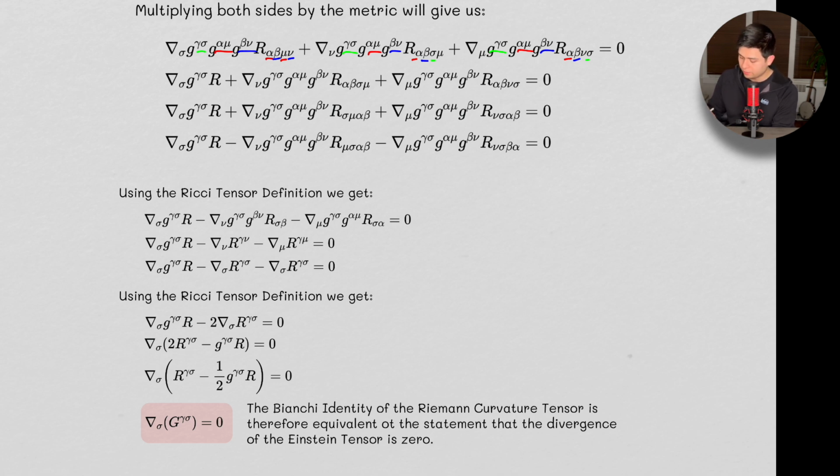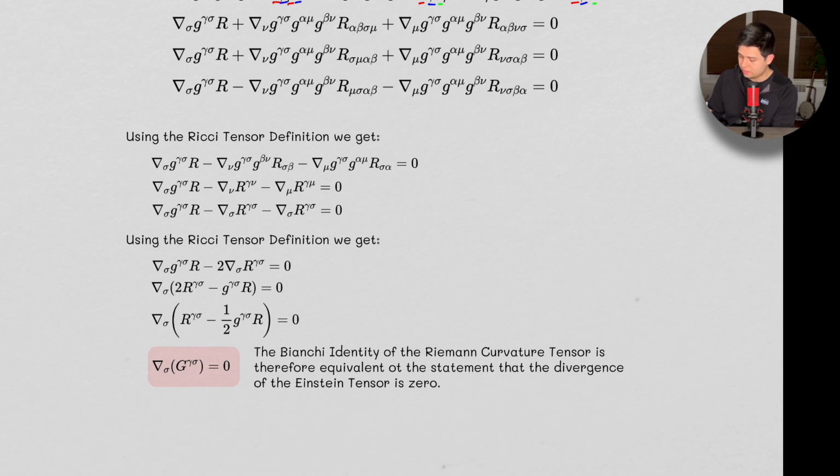But now we're going to take this equation here, and using the Ricci tensor definition, we can actually raise things. Here's alpha, so alpha is going to get raised to a mu, beta is going to get raised to a nu.